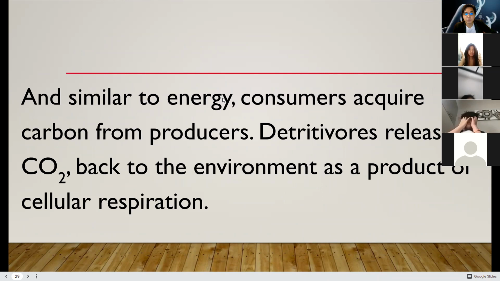Detritivores release CO2 back to the environment as a product of cellular respiration. Are you familiar with detritivores? No, sir. Okay, detritivores are organisms that eat dead organic matter or detritus. They feed on dead organic matter.